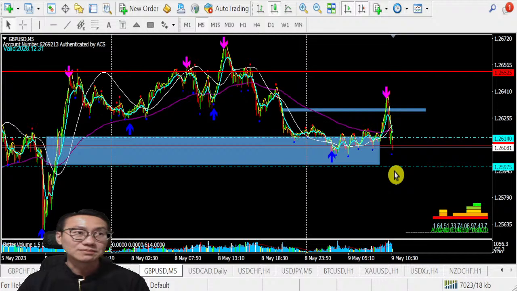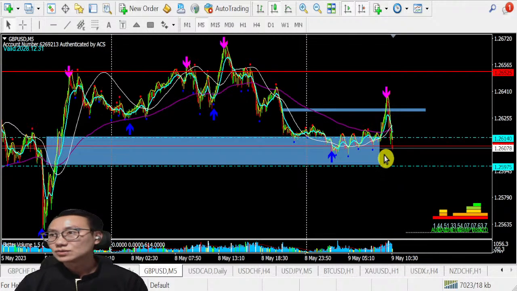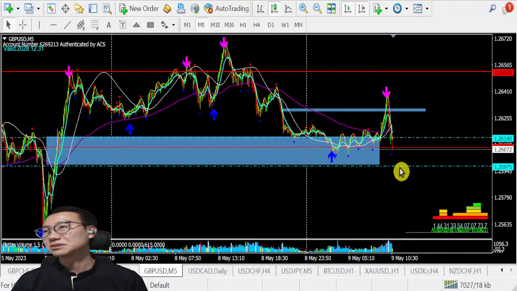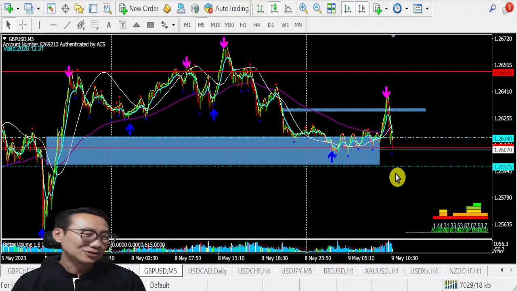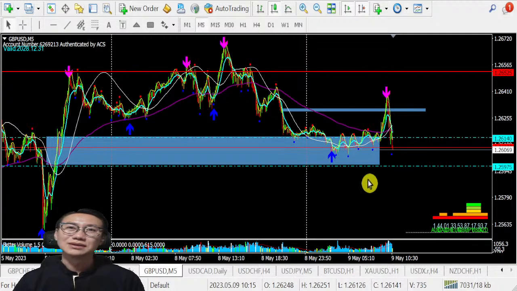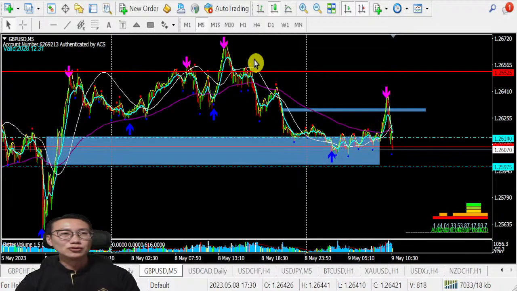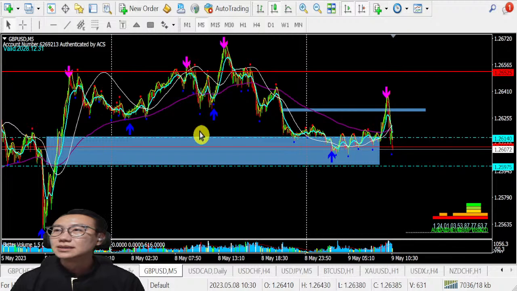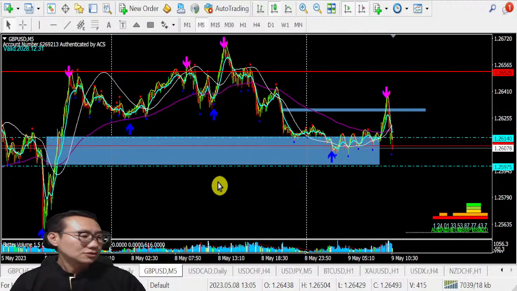So if it swings down immediately to hit the target, please don't chase the price. Even after it actually comes into this area here, don't chase the low. Always remember, don't chase the low. That's very important. So that's one point there.